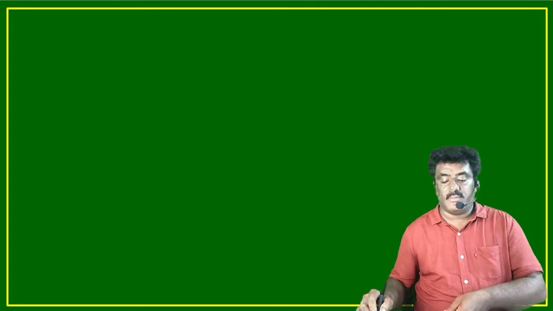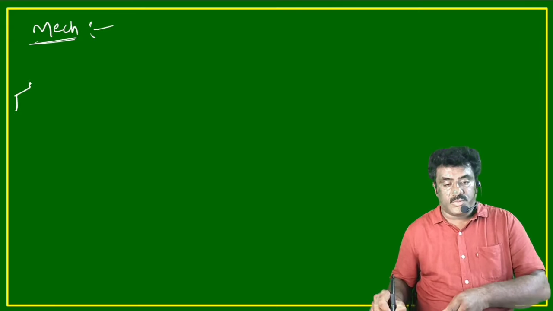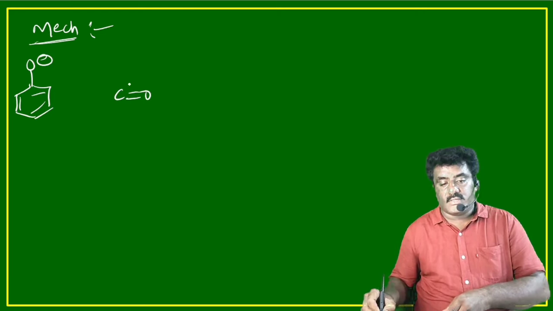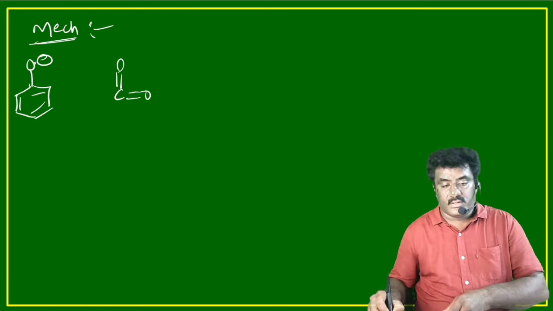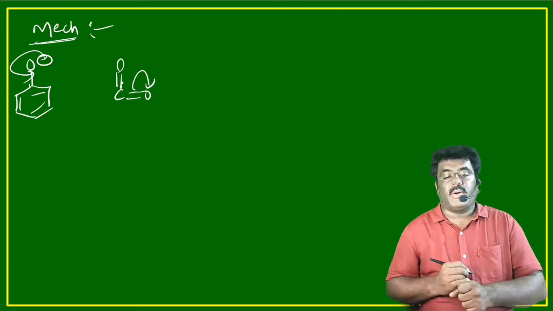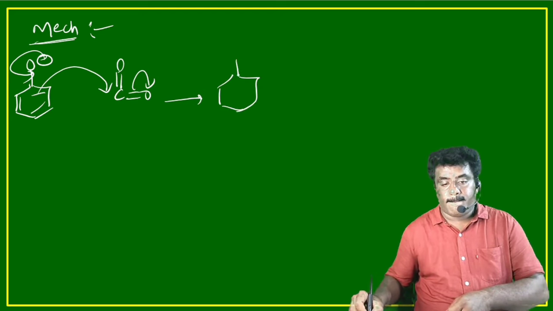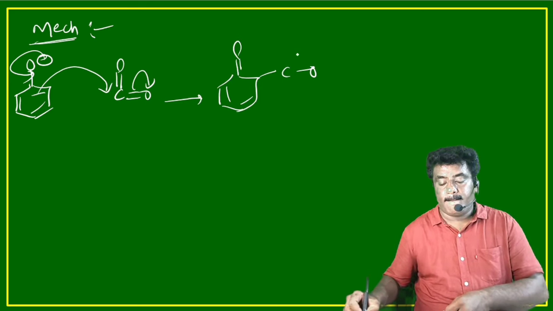Yes, let's move on. What is the Kolbe reaction mechanism? Look at the mechanism. See, sodium phenoxide with carbon dioxide CO2. Yes, when the negative charge is shifted to the benzene ring, this carbon pi bond is shifted to oxygen. This pi bond is attracted to form a C double bond O in a plus.